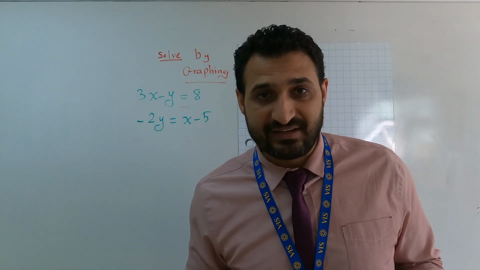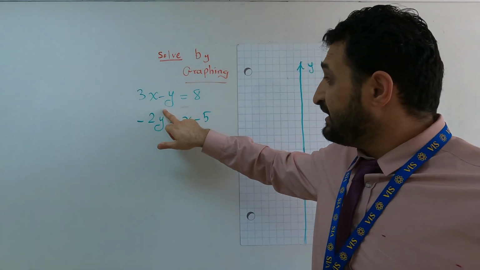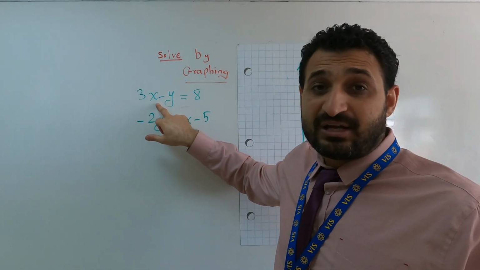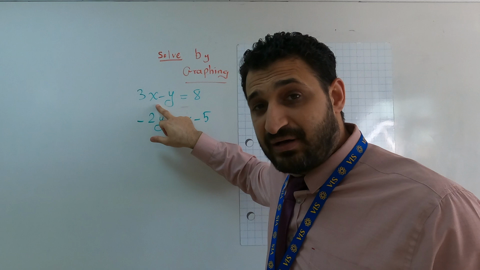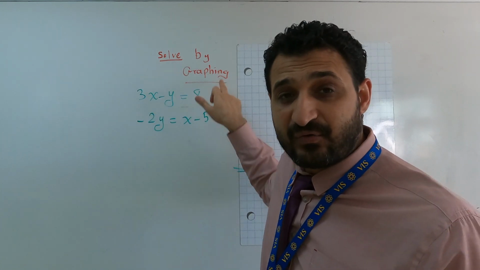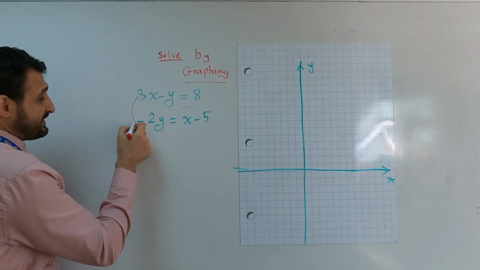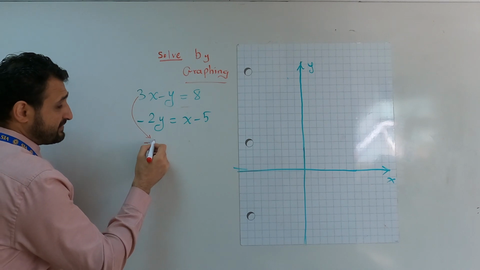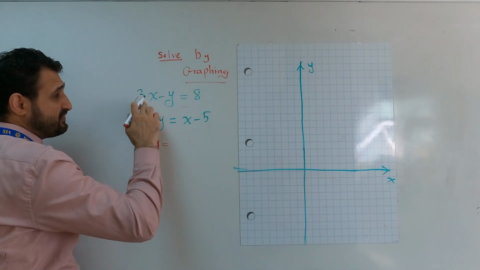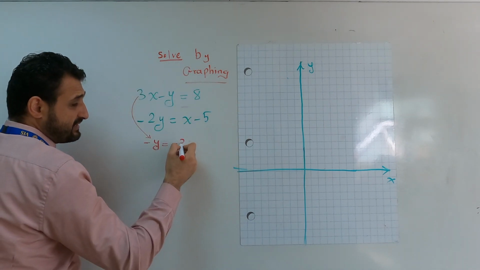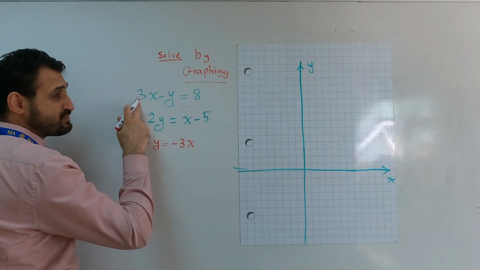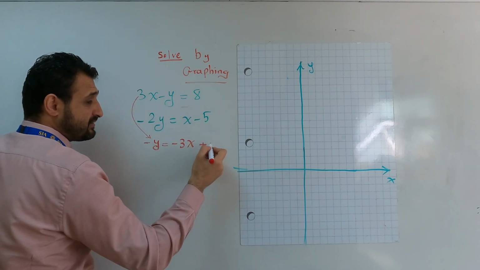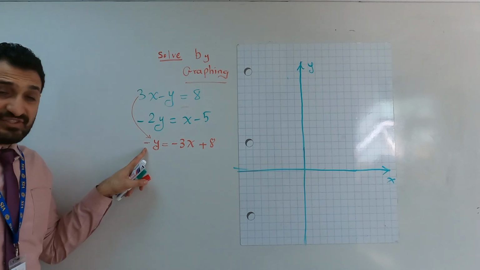I think no, right? Because in the first one, x and y are together, and y must be isolated. So I need to move 3x to the right side. Negative y equals, if you move 3x to the right side, it will be negative 3x because it was positive, plus 8.